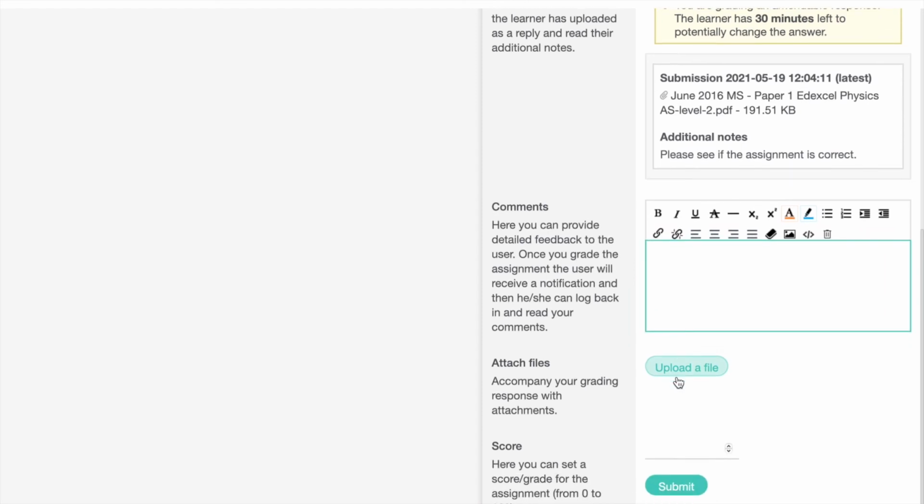The comments can be given as a file where upon correcting the paper, the corrected paper can be uploaded, or the comments can be given here. Well done. Question 1 is wrong. Question 2 answer can be improved, etc., etc. And a score can be given for the test and submitted.